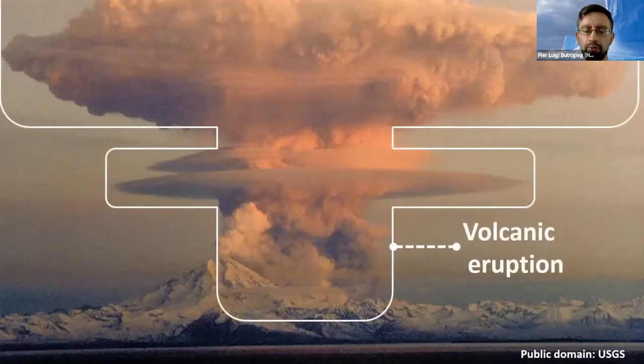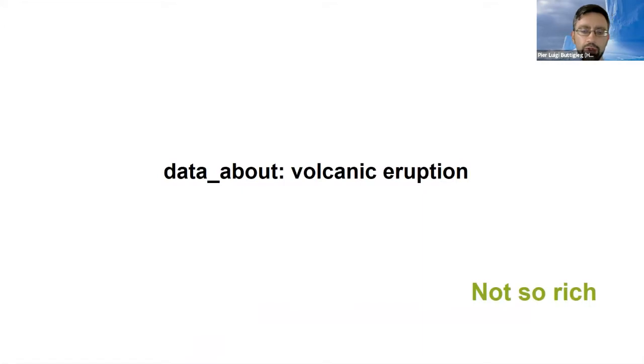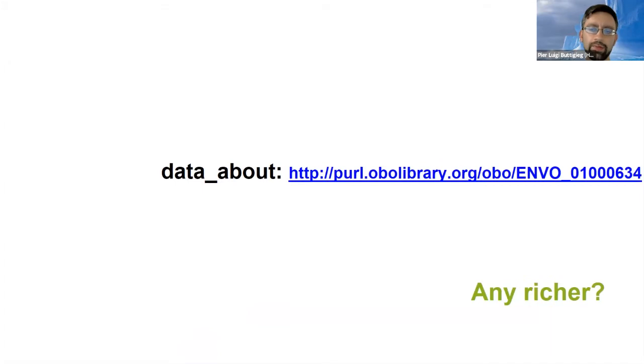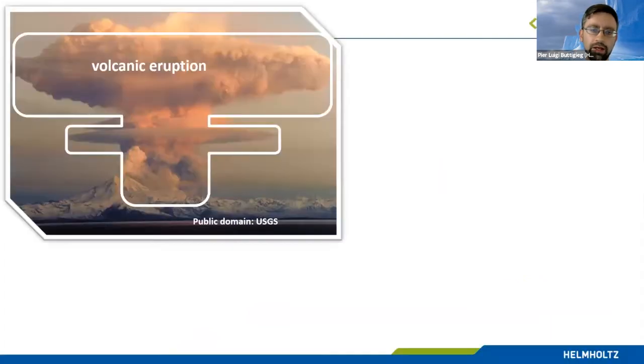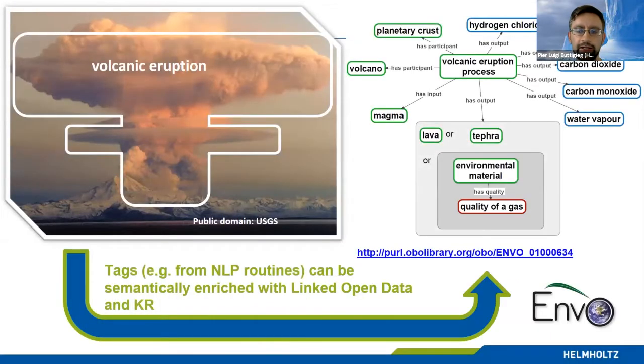So what does it look like? When we have a term and we identify a feature like a volcanic eruption, if you use a string, it's not such rich metadata, but if you point to something on the web that represents that thing in an ontology, you give the machine an anchor to say, okay, that's what we mean. It links out to other concepts, and those also have definitions that are machine readable and axiomatizable.